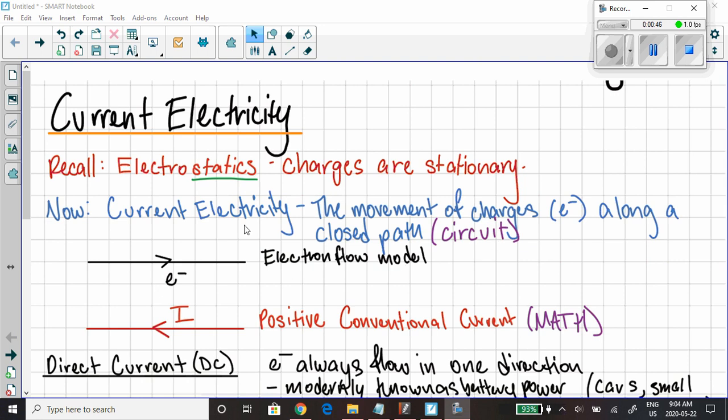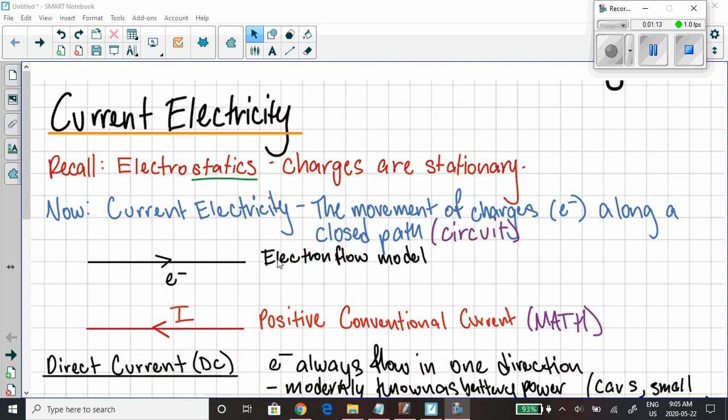Now, when we're talking about moving electrons in a circuit, we're talking about electrons moving through wires and different components of an electrical circuit. There's two ways of looking at it. One is a model that you can use in your mind called electron flow, where electrons move through the circuit.